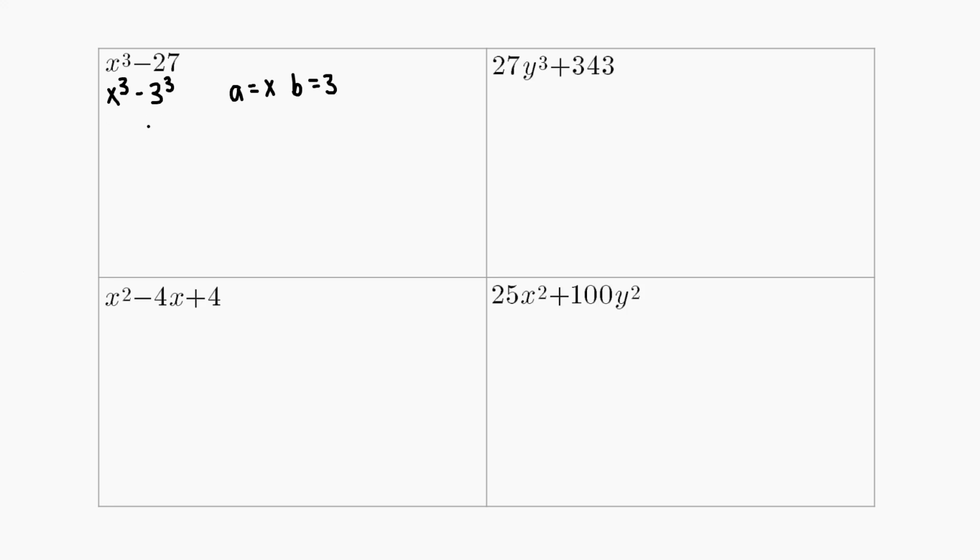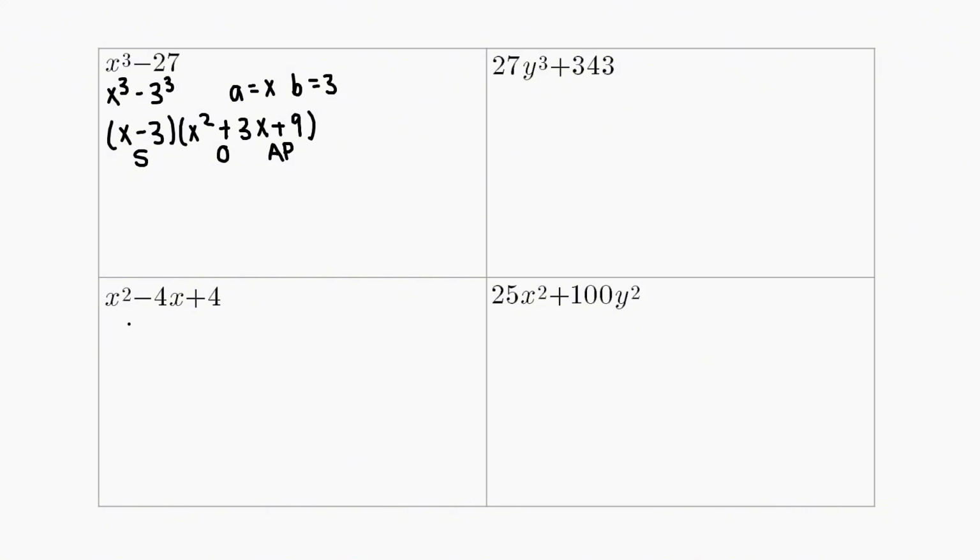So we know to factor this, it's x minus 3, x squared, plus 3x plus 9. Because we know that S, O, A, P. So same, opposite, and always positive.